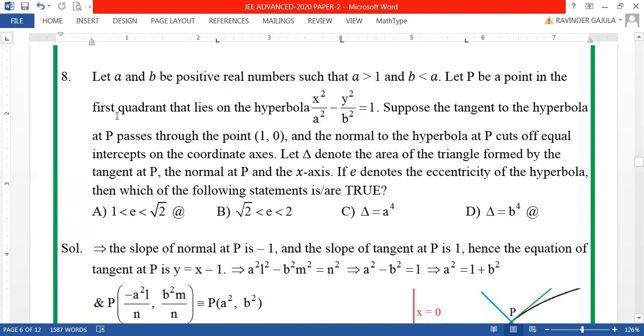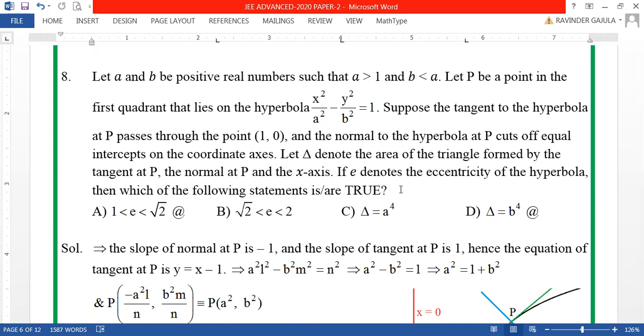Suppose the tangent to the hyperbola at P passes through the point (1, 0), and the normal to the hyperbola at P cuts off equal intercepts on the coordinate axes. Delta denotes the area of the triangle formed by the tangent at P, the normal at P, and the x-axis. If e denotes the eccentricity of the hyperbola, then which of the following statements is true? One question. Okay, friends.